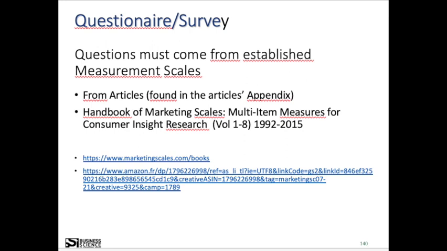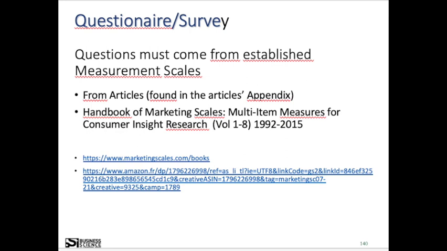If you want to measure temperature, you would never have the idea to invent a thermometer, because the measurement instrument exists, measured in degrees Fahrenheit or degrees Celsius. That is why my recommendation is to use established measurement scales. Ideally use scales from A+ or A, or at least B journals, because this gives you the guarantee that the scale is of good quality.